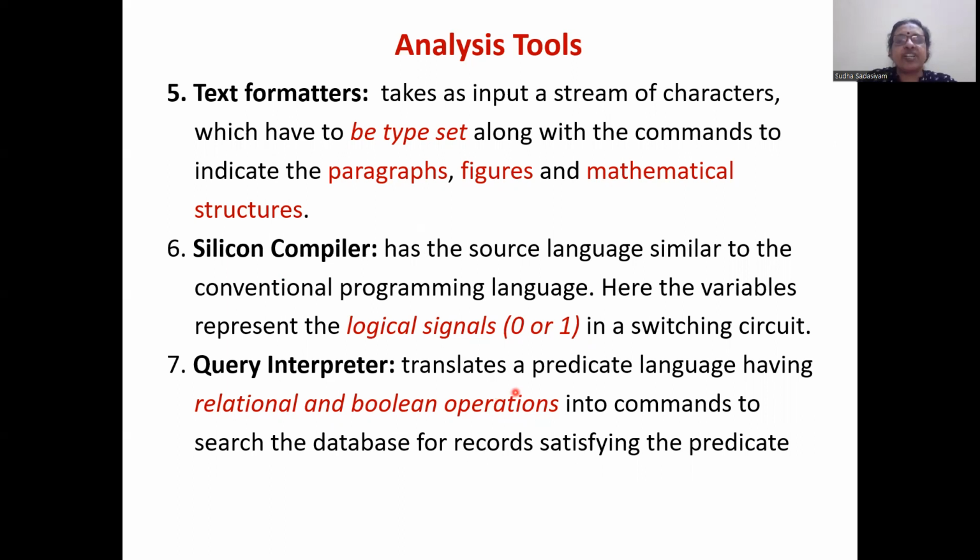This translates a predicate language having relational and Boolean operations into commands which can be used to search a particular database. So it is used to interpret relational queries and convert them into certain queries using which records from the database can be read.